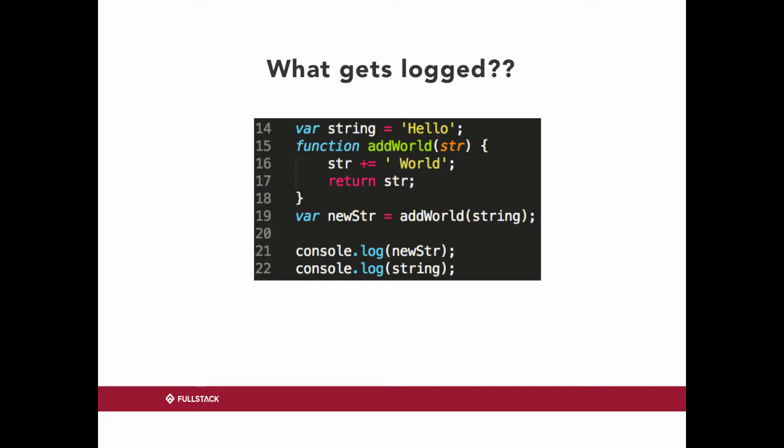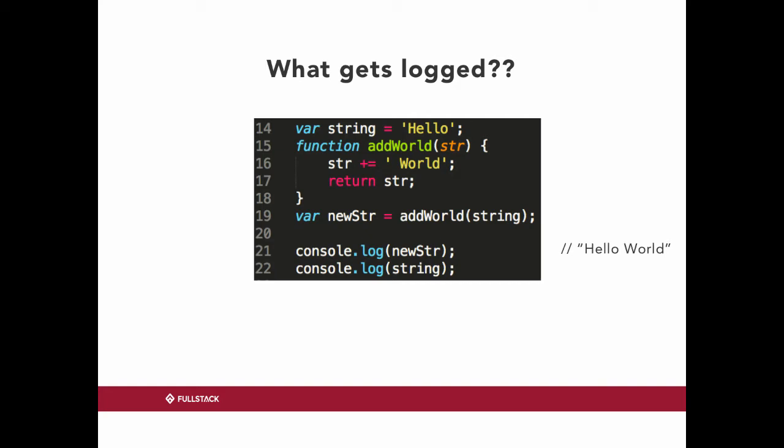So in this example, we have var string equals hello, and then we have an add world function that takes a string, adds the word world to that parameter, and returns string. And then we have a new variable, new string, equal to the return value of add world with string passed in. What is the new string going to be?